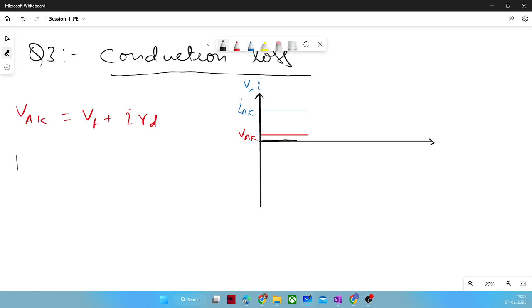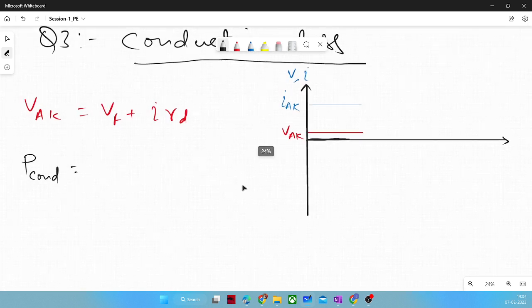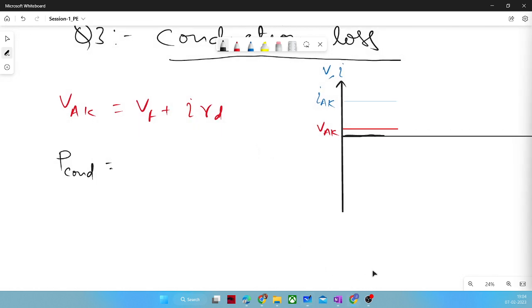For that, I am going to write the expression for conduction loss. So that is nothing but, again, any power expression will have this kind of form for the conduction, VAK, IAK, dt.